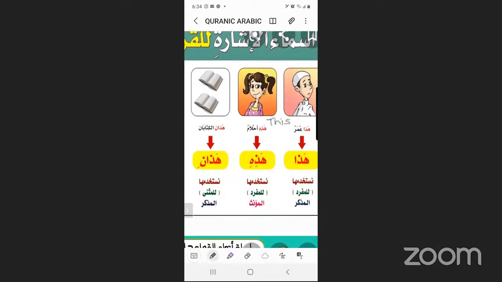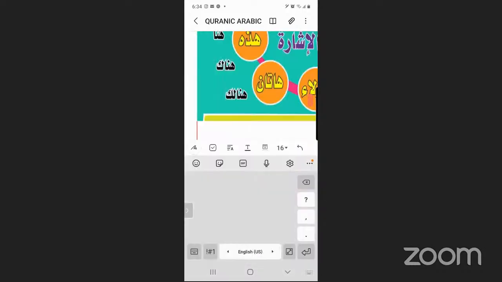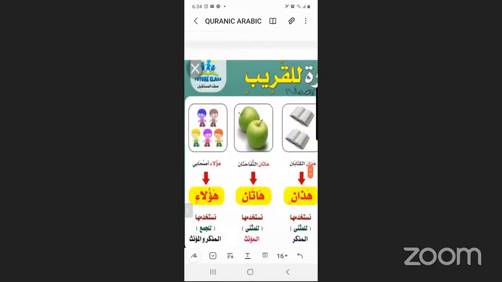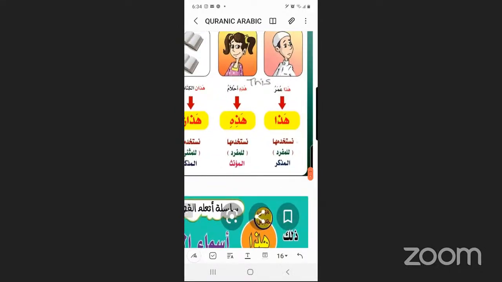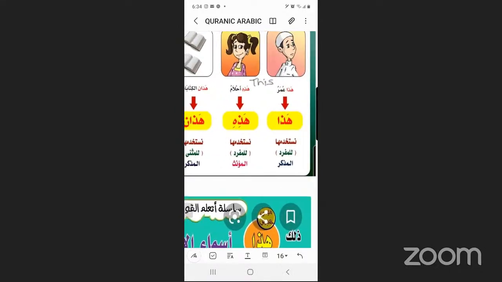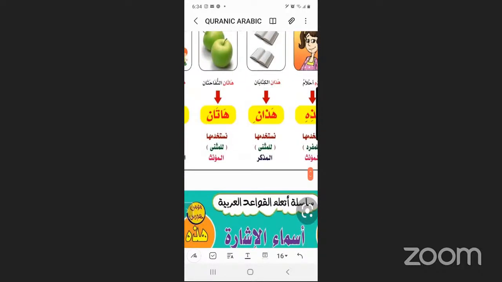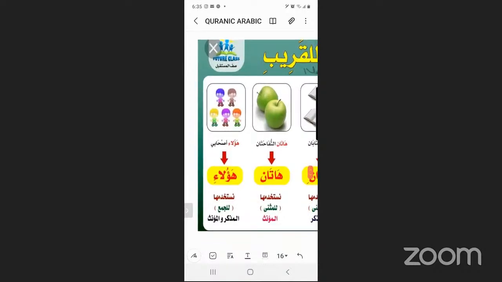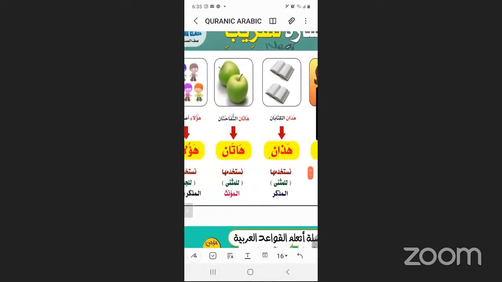Ishara qarib means near. Karieb means near. So this: haza, this for masculine. Hazihi, this for feminine. Hazani, dual for masculine. Hatani, dual for feminine. And ha'ula'i is three or more. All these are for near things: this, these.